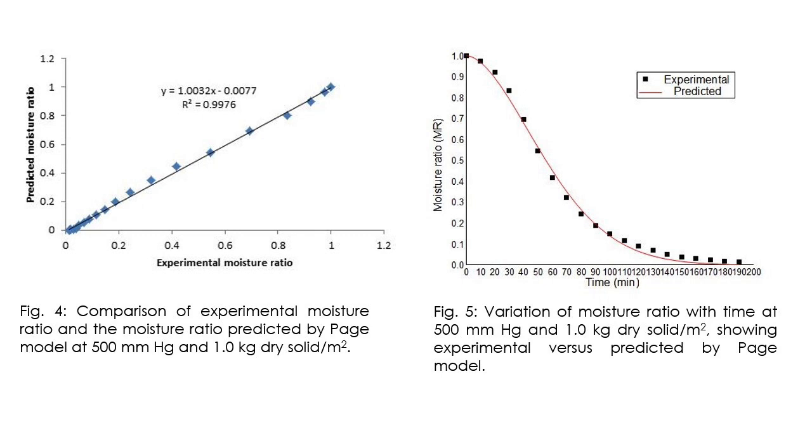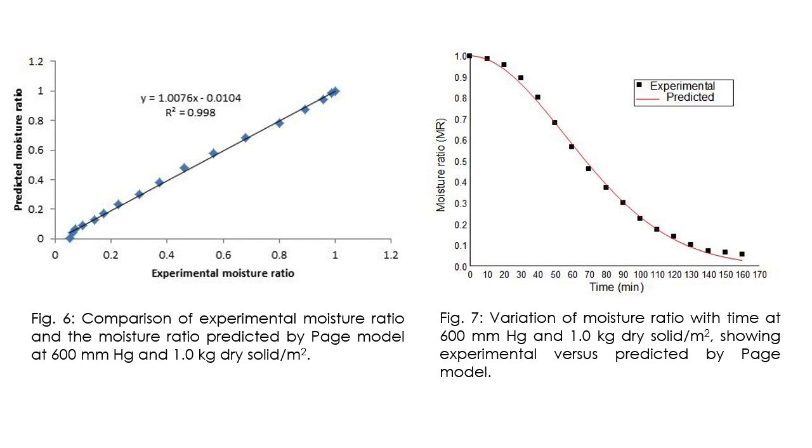It was observed that the experimental moisture ratios were in close agreement with those predicted from the Page model, with R-square value greater than 0.99.